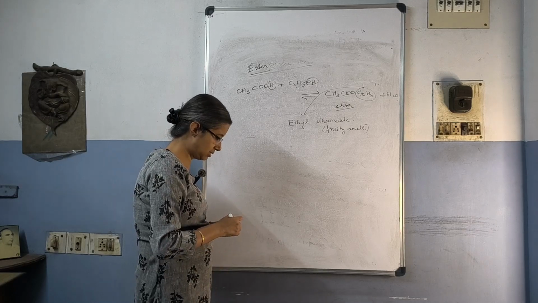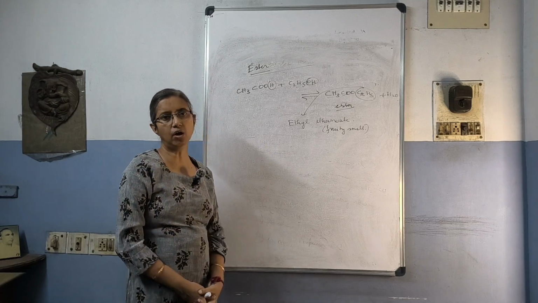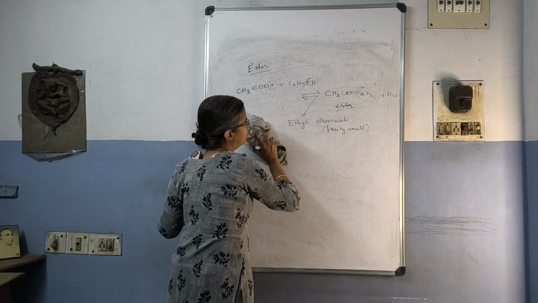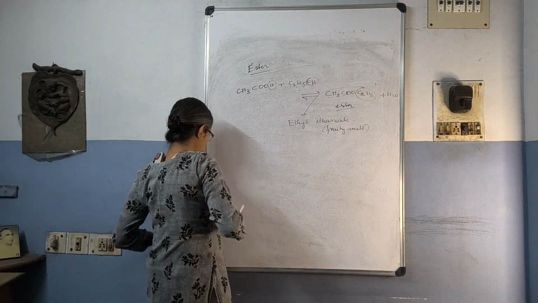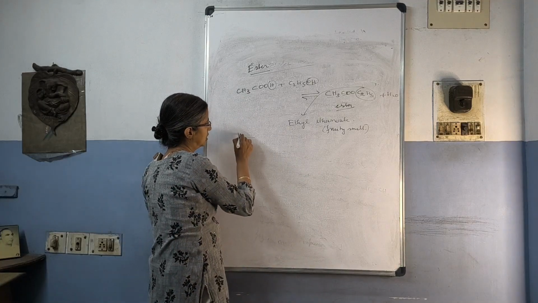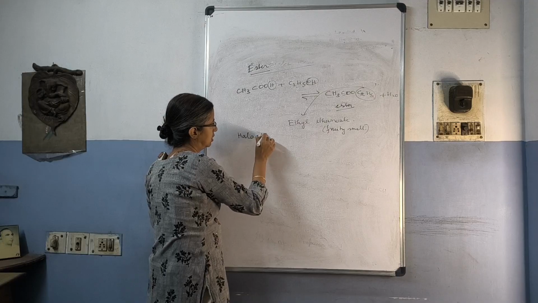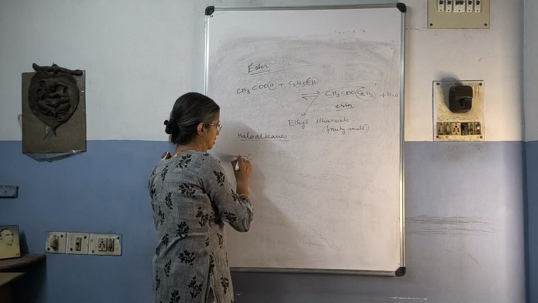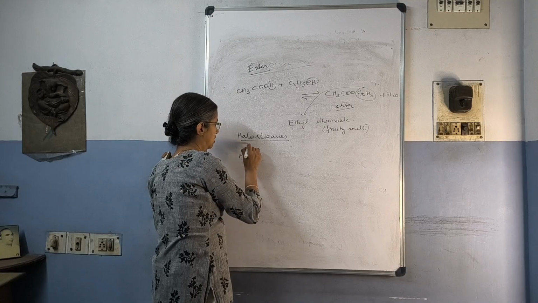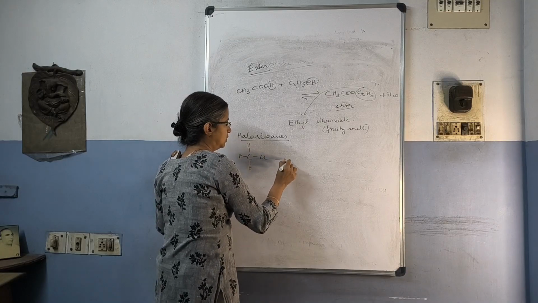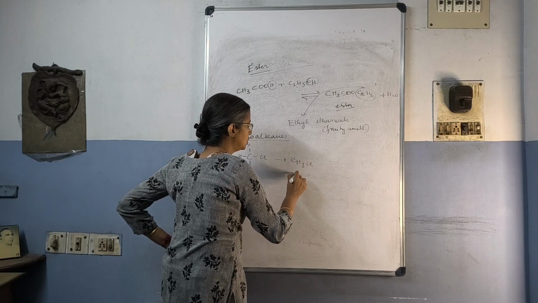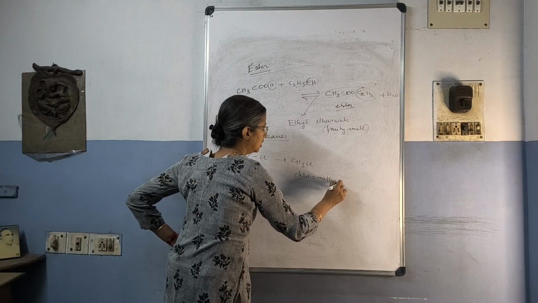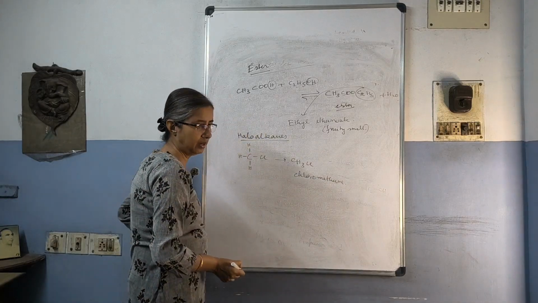Now what is required is that we must have the idea of haloalkanes, halides. Like we have haloalkanes, so this is CH3Cl, means chloromethane or methyl chloride.